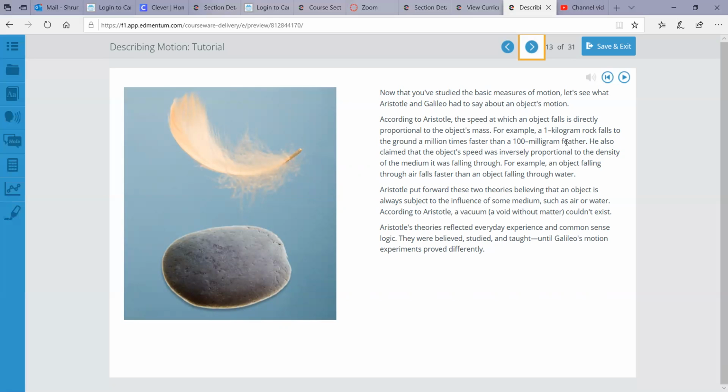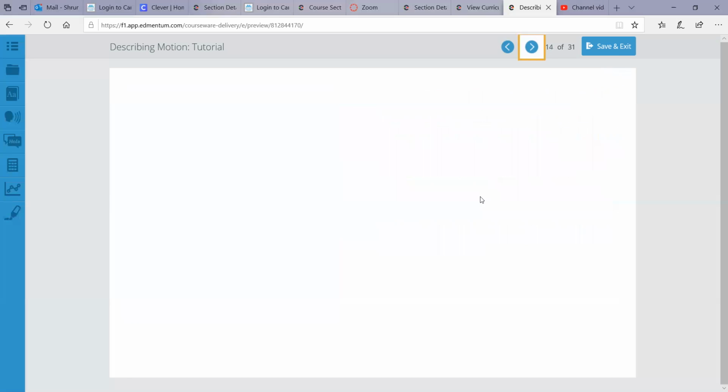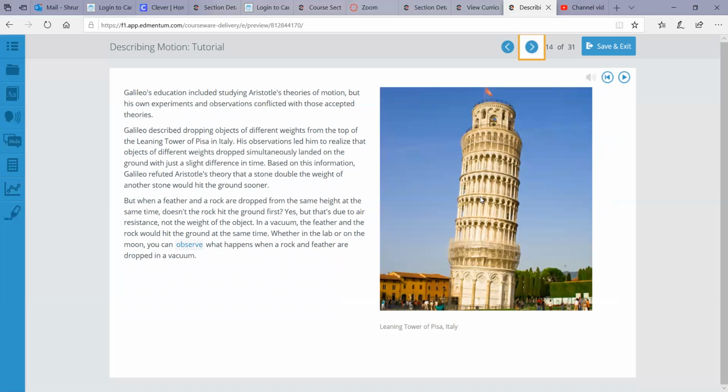Most people believed, studied, and taught this until Galileo's motion experiments proved differently. This is what people thought for a very long time. They just kind of assumed that this is the way things worked when it came to motion until Galileo, good old Galileo.